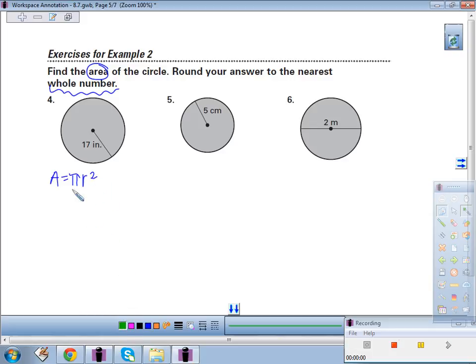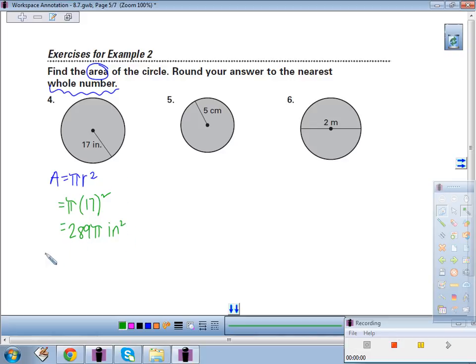Alright, so the area for a circle is pi r squared. We have the radius, and this one is 17. And we want to square that 17, and we get 289 pi when we do that. And this is in inches, so it'd be square inches. Now, typically, this would be the answer I want because it's an exact answer. Pi is an irrational number, so it makes it a nice, exact number, and it's in a condensed form.